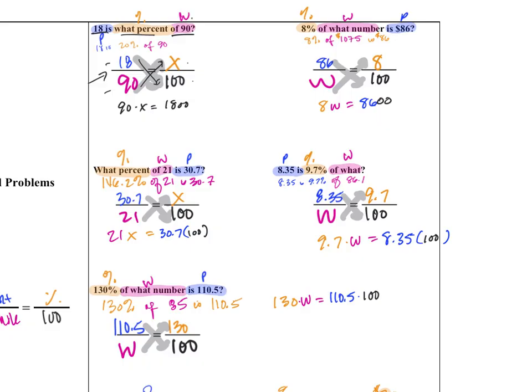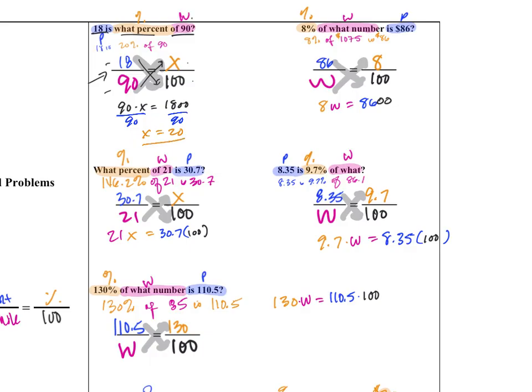If I use the cross product equation, I get 90 times x equals 1800, because 18 times 100 is 1800. Now I've got to divide both sides by 90, and I get that x equals 20.